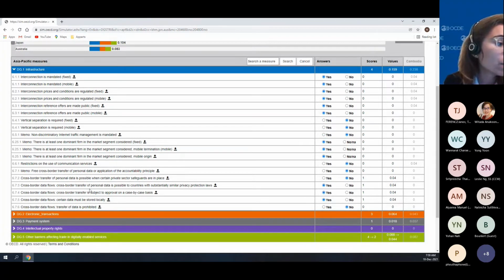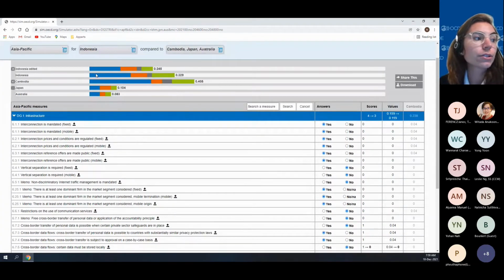So for example, some very heavy requirements for international business are the local storage requirements. Here we see that Indonesia has in place a data localization requirement. So if this requirement is suppressed, the score goes down again. And this is how you see the exact impact of those reforms, at least on the score of the STRI.